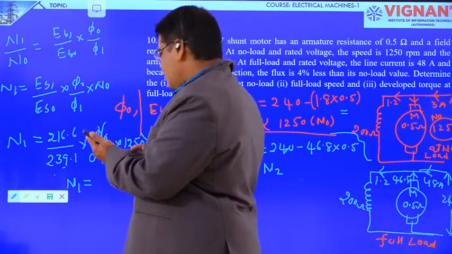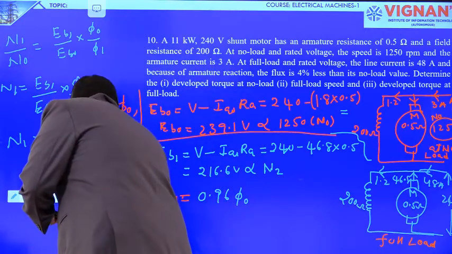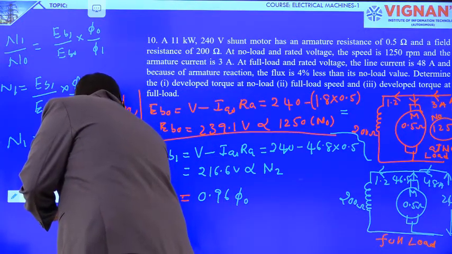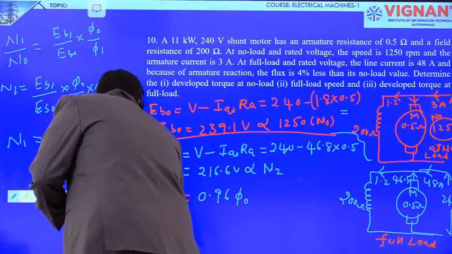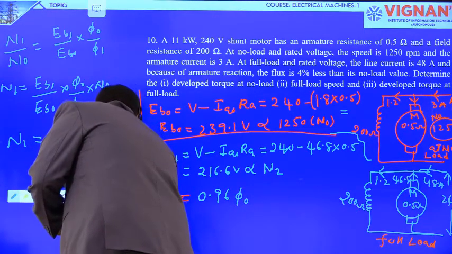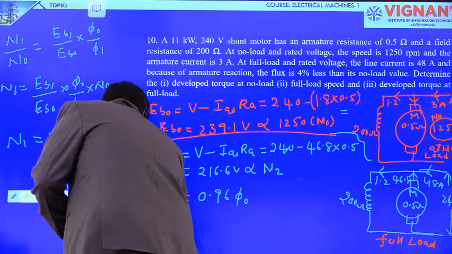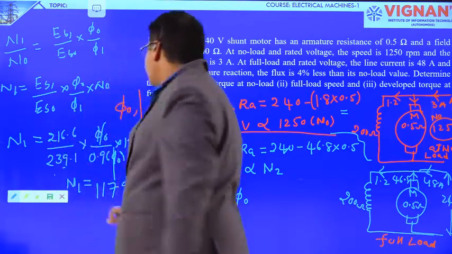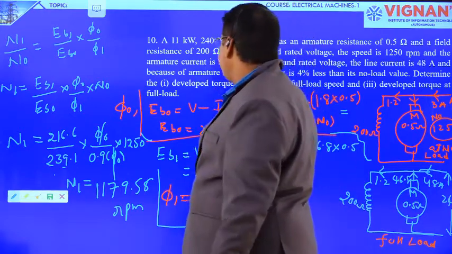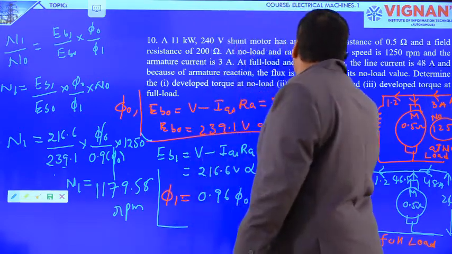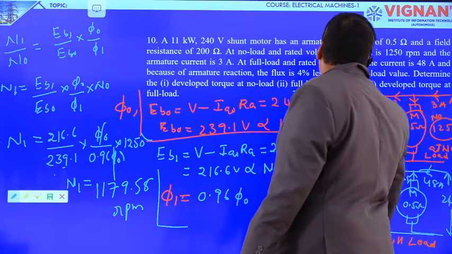You are getting the value: the speed of the motor becomes 1179.55 RPM. This much speed is maintained by the motor at full load. See here, full load speed is calculated.